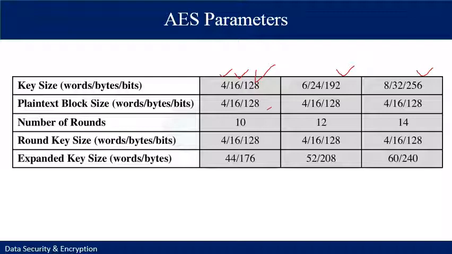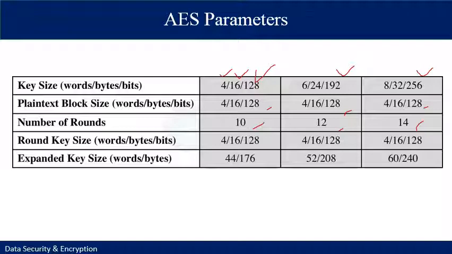Similarly, the plaintext will be the same in all the different implementations of AES, and the block size will be 128 bits. There can be a varying number of rounds. For example, in the 16 byte AES we have 10 rounds, in 192 bits we have 12 rounds, and in 256 bits we have 14 rounds of AES encryption.